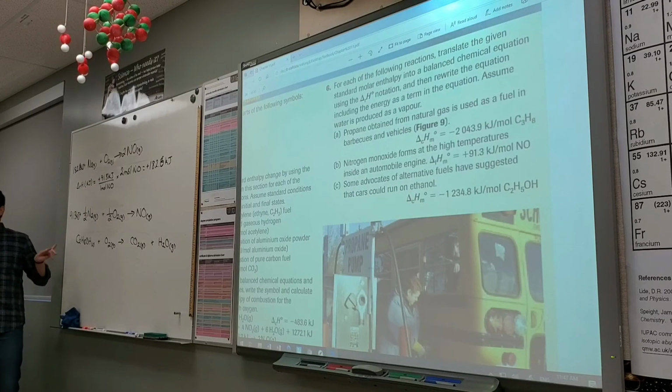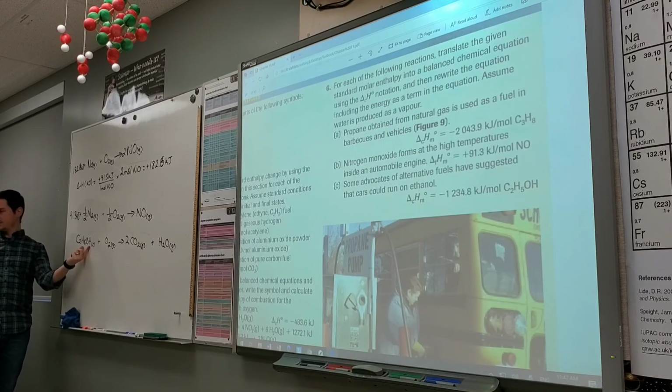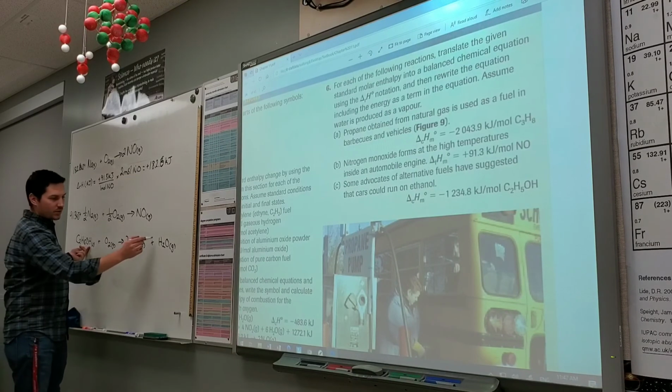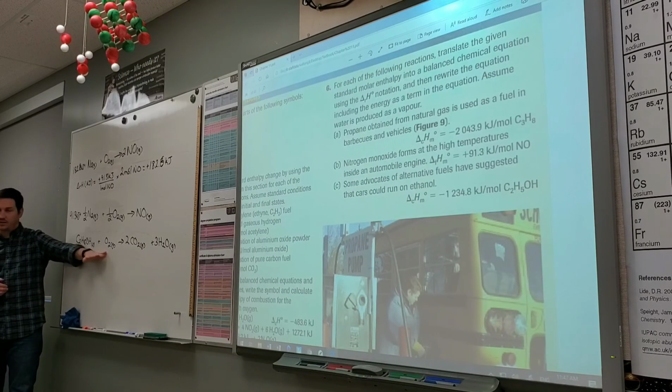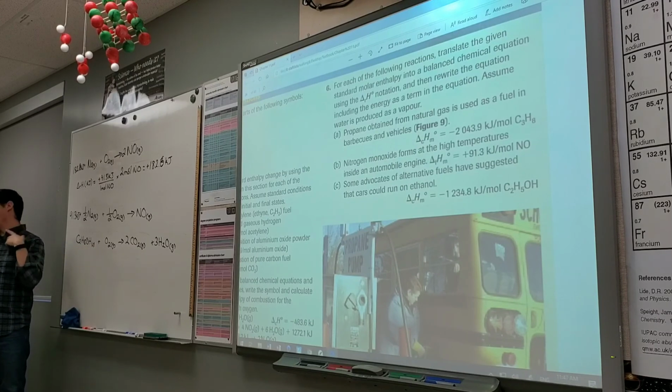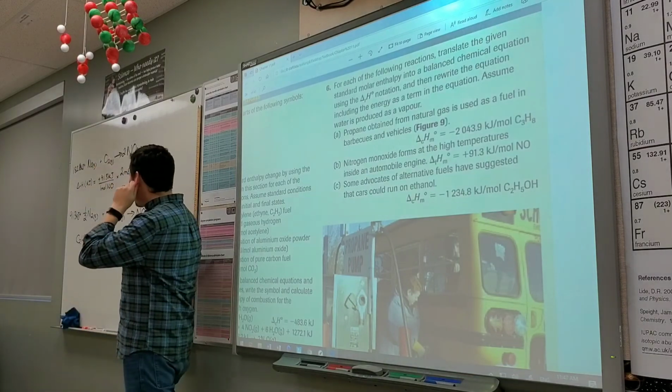Okay. 2 carbons. 2 carbons. How many hydrogens? 6. So I need a 3 here. How many oxygens on this side? I see 3. How many oxygens on this side? 7.